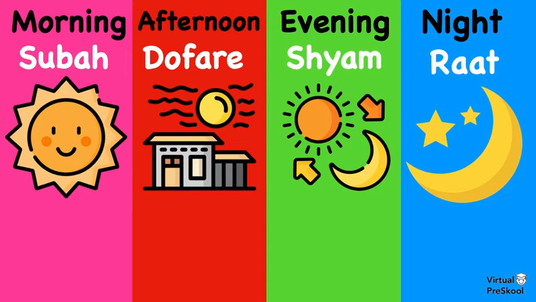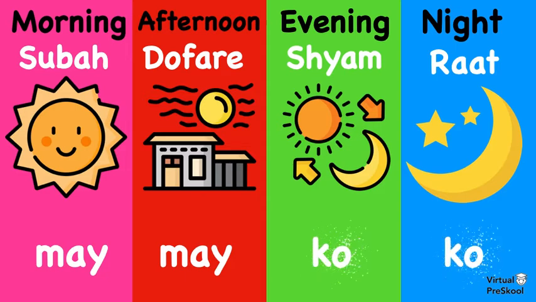When talking about the morning or afternoon, we use mein. And when talking about the evening and night, we use ko. In a sentence, these words would follow the time of day. So it would be subah mein, dopher mein, sham ko, raat ko.